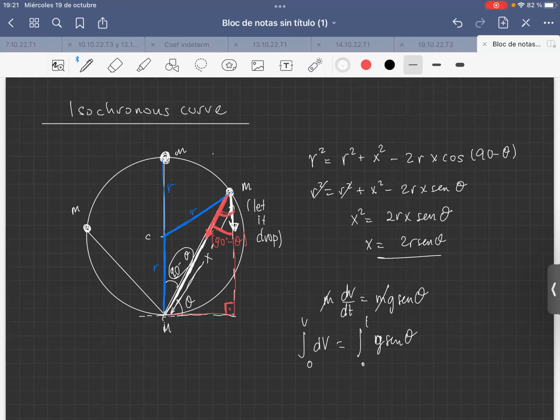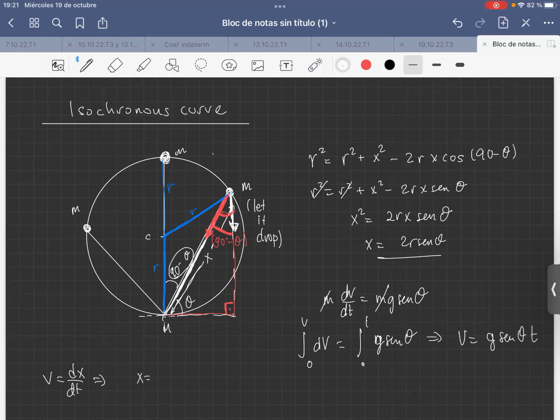Realize that this is just g sine theta times t. And now, from here, if we want to integrate x, because we know that dx with respect to t is exactly v, we will have to integrate this v.